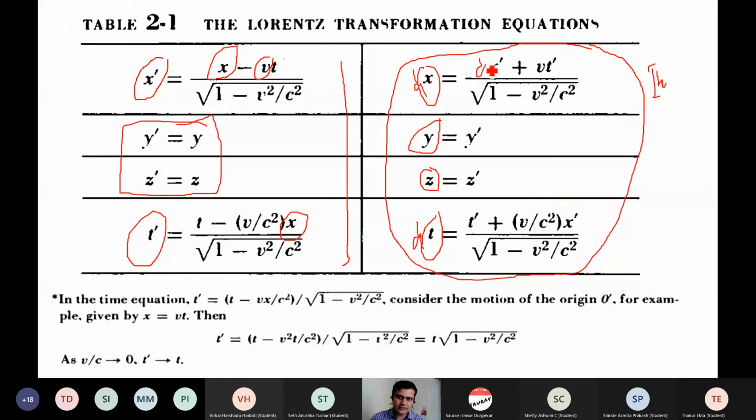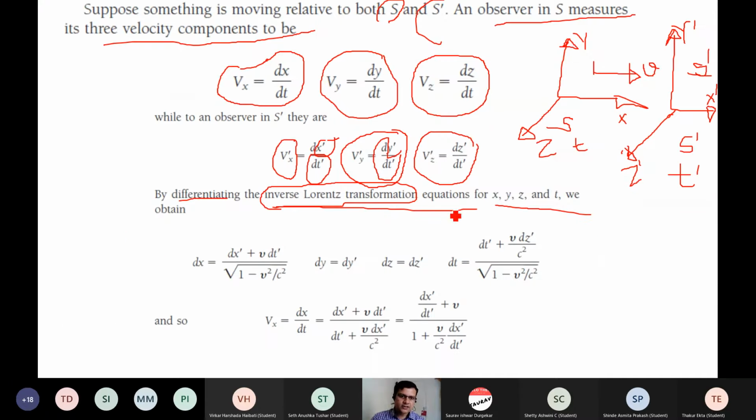So we'll do the differentiation of x, which is x prime plus vt prime. Here the differentiation gives dx prime, and the corresponding differentiation of t will be dt prime. So you will have the relation dx is equal to dx prime plus v dt prime divided by square root of 1 minus v square by c square.